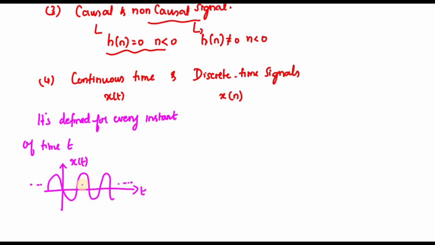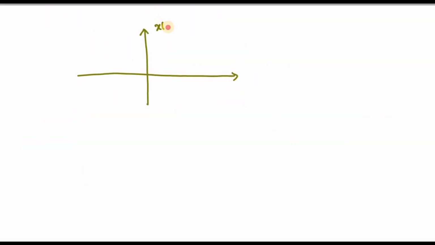So it is not represented for n equal to 0.1 or 0.2 or any decimal values. You can see this diagram. Here the n values range from 0, 1, 2, 3, 4 up to infinity.